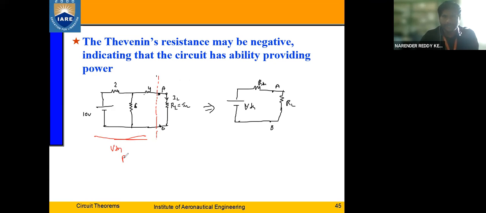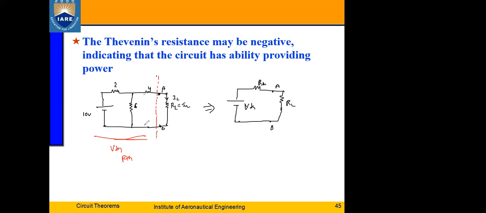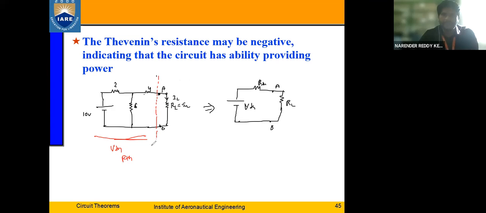VTH and RTH. So how do I find VTH now? According to the definition, what is VTH? It is the open circuit voltage across A and B. Or else I can write that VTH is nothing but VAB.